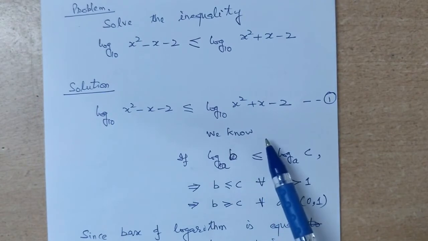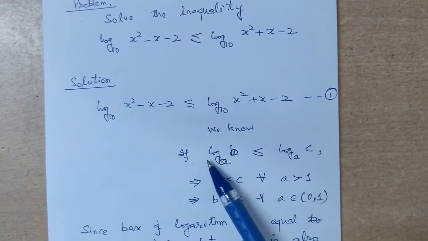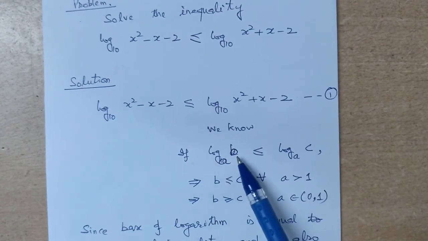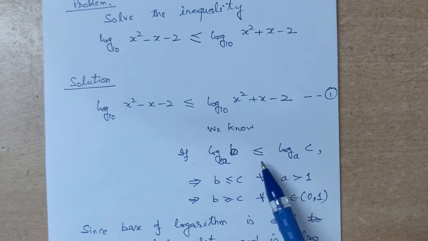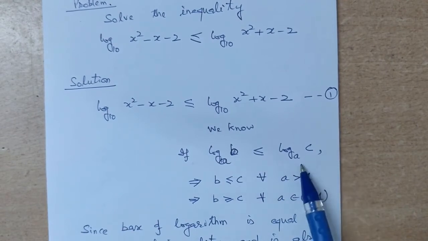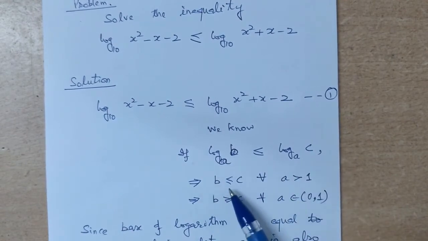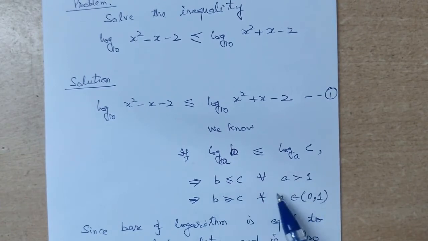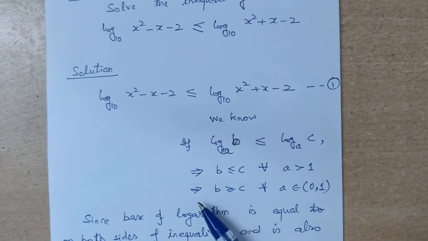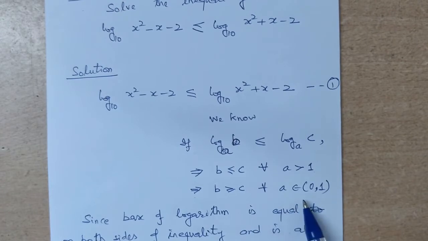We know by properties of logarithm, log base a of b less than or equal to log base a of c indicates b is less than or equal to c for all a greater than 1, or b is greater than or equal to c for all a in (0, 1).